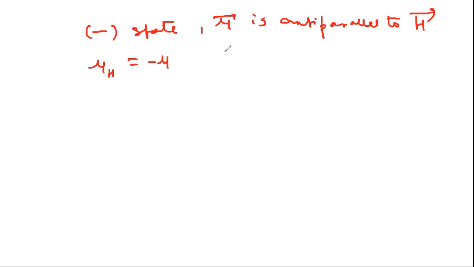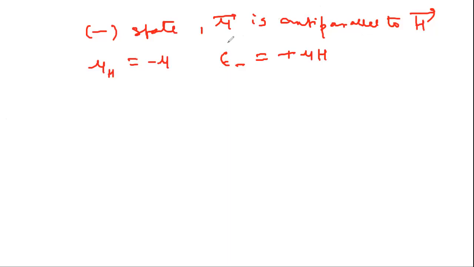And the corresponding magnetic energy of the atom, epsilon minus, is plus mu h. Let me encircle it.